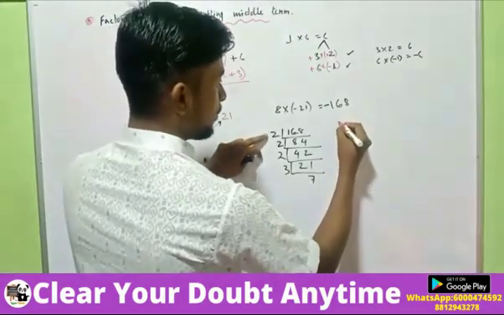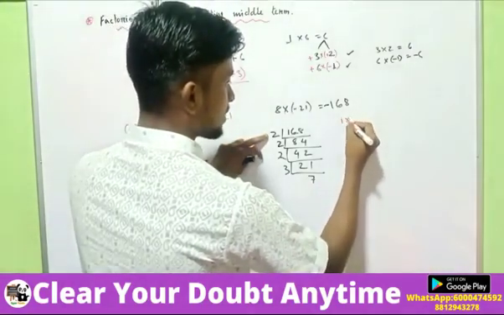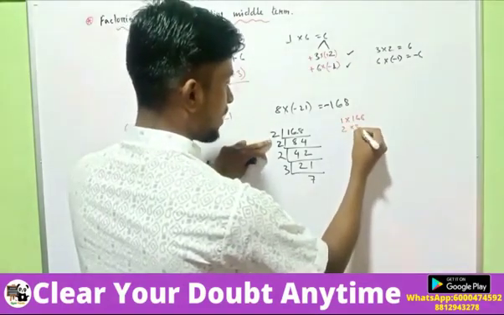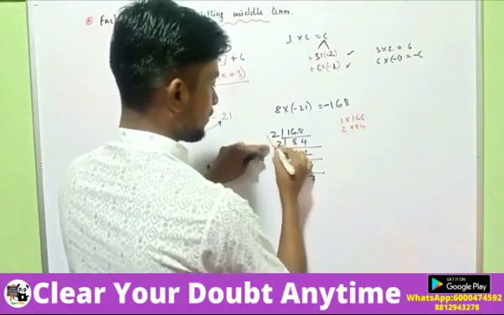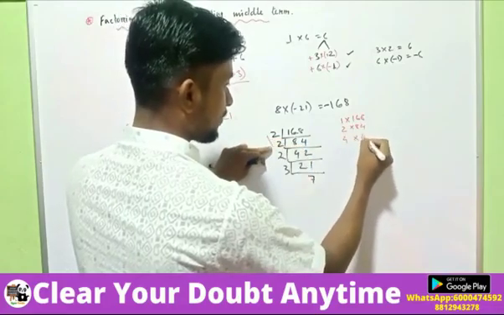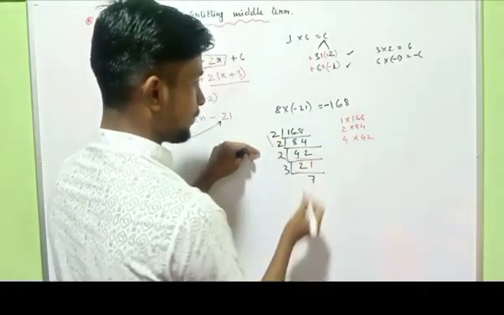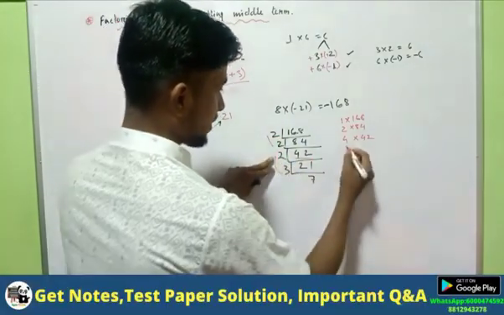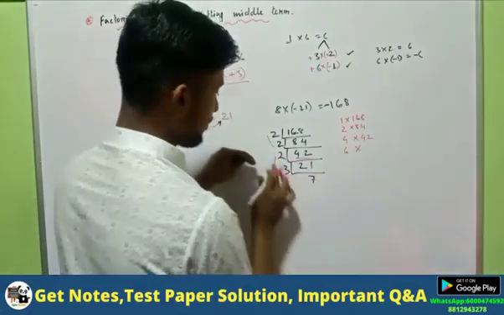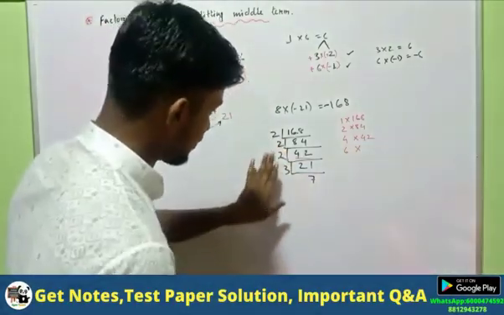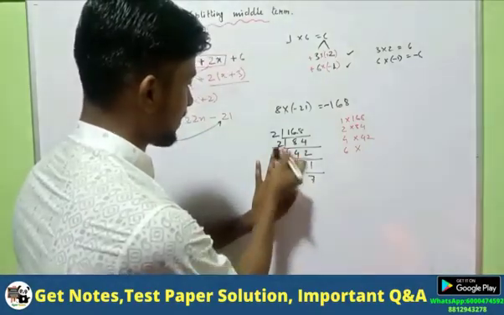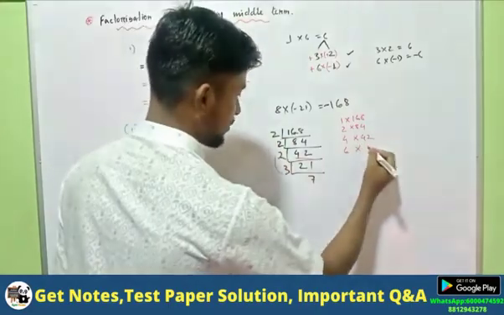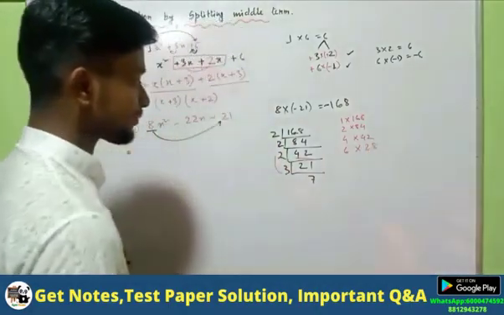Then it will be 168 into 1, then 2 into 84, then 4 into 42, then we also have 6 into 28, because 6 into 7 into 2 into 2, that is 6 into 28.